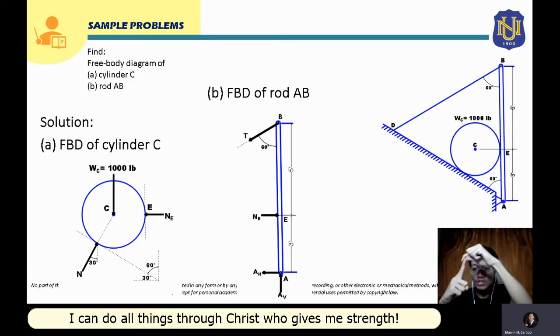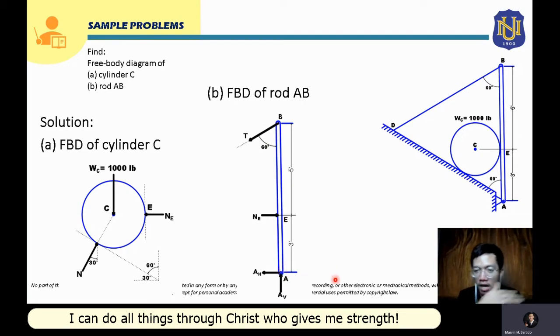So it should be resisted by the support at point A. To resist that movement of this rod AB, if it is pulled here and pushed here, it will move like this.